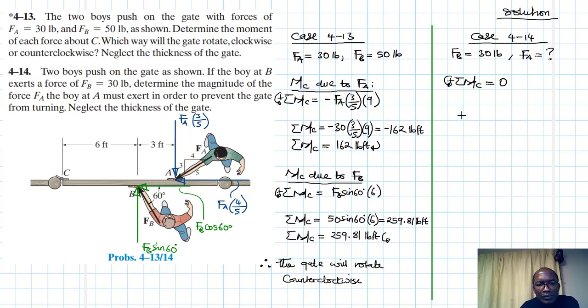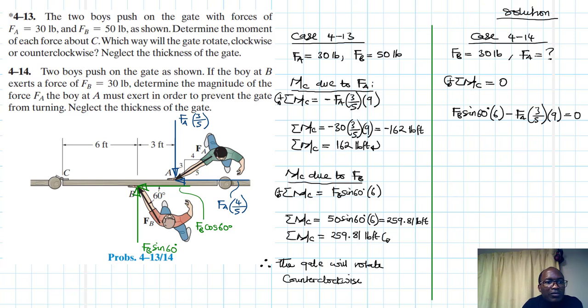All right. So there we go. Let's start. We have FB sine 60. This one is giving us anti-clockwise, which is positive, by the lever arm 6, minus FA times 3 over 5 times the lever arm, which is 9, is equal to 0.